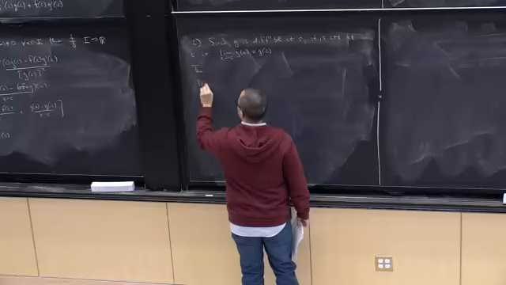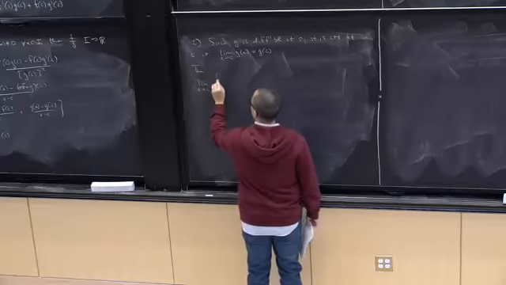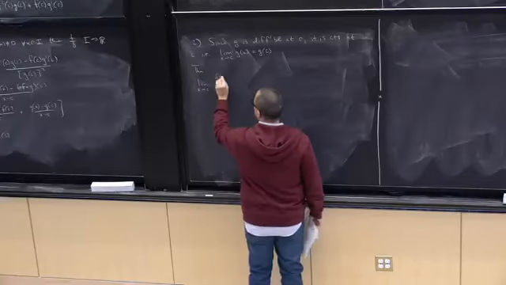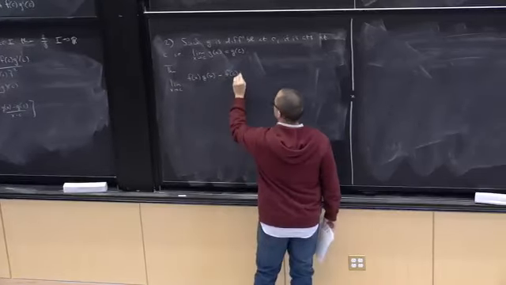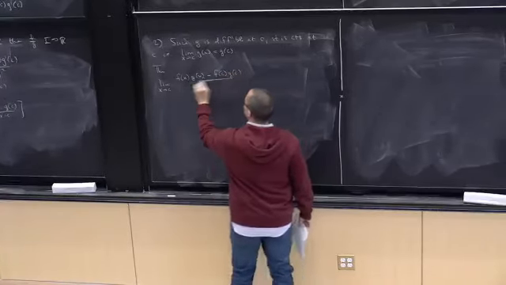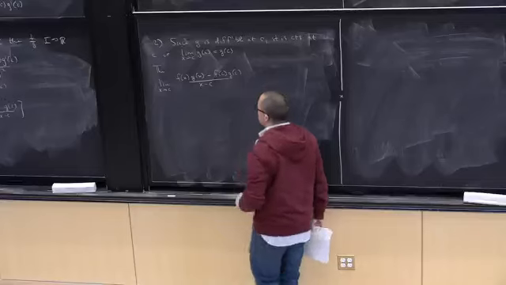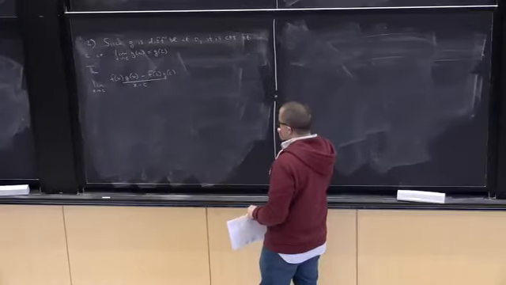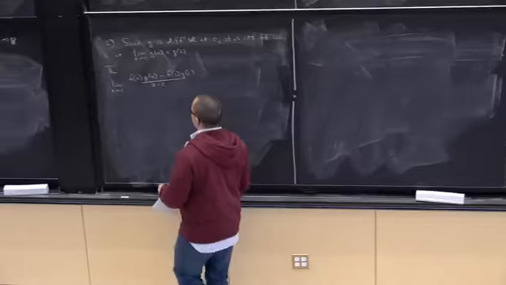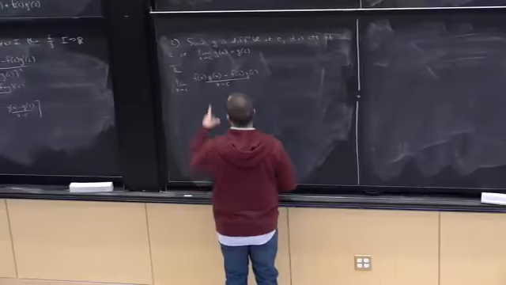Now we compute the limit as x goes to c of f times g of x minus f of c times g of c over x minus c. What I'm going to do is add and subtract f of c times g of x.